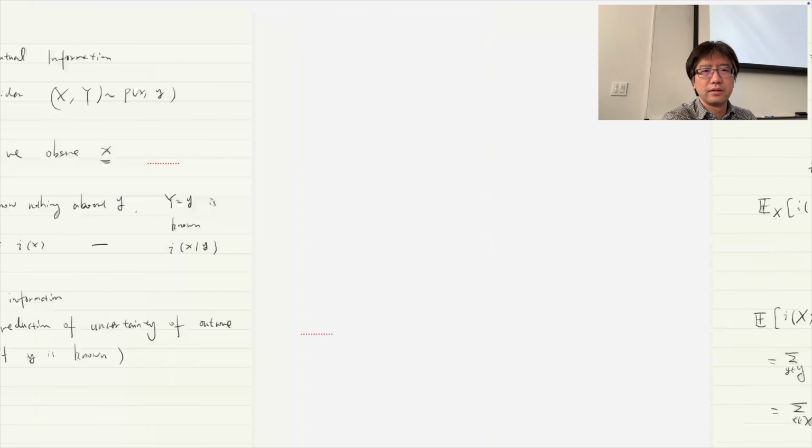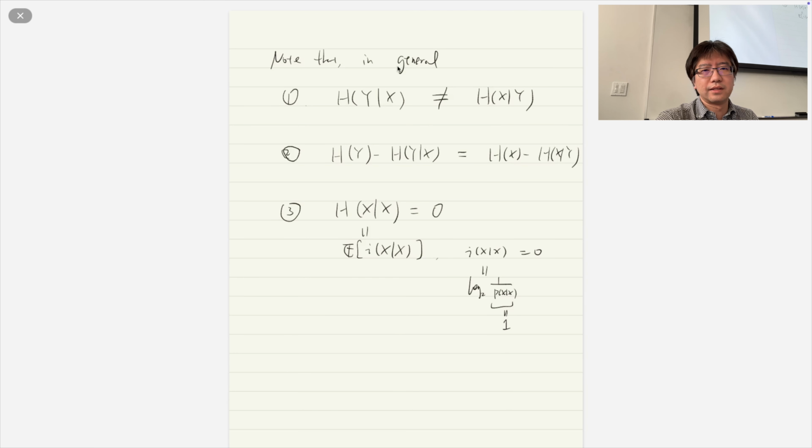Let's go back, that's exactly this, as we said before. Then we proved that this and that are not equal in general. The reason they are the same is because this is nothing but the mutual information. To be precise, this is I(Y;X), and this is I(X;Y).